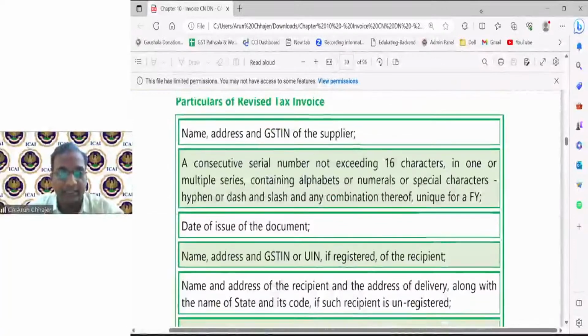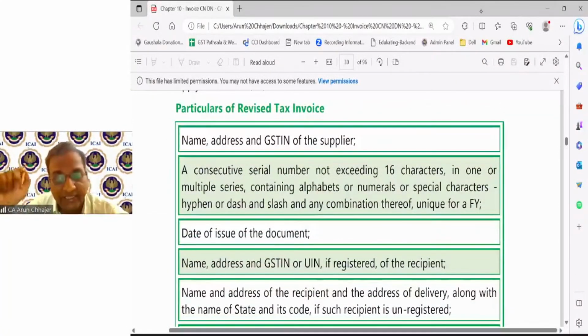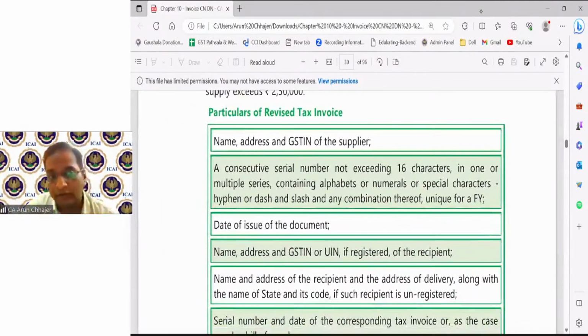So: tax invoice, debit note, credit note. Now let's read for each and every document. Now we are reading the revised tax invoice. Is there any question now? Let me check. Okay, no question. Before I read the content of every one of the 6 categories of documents which we have discussed, you tell me, what is the revised tax invoice?